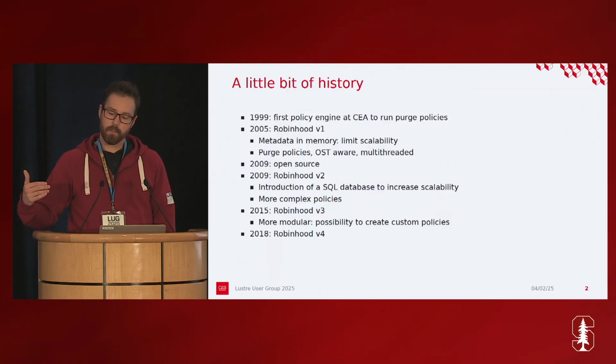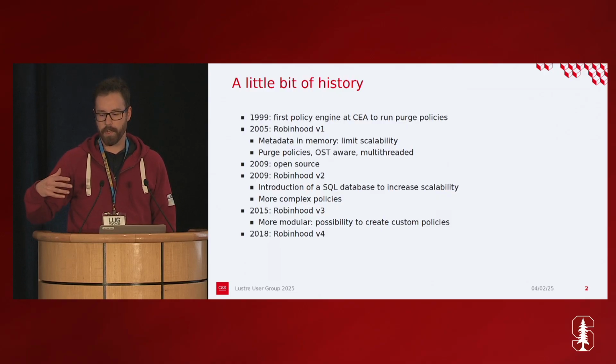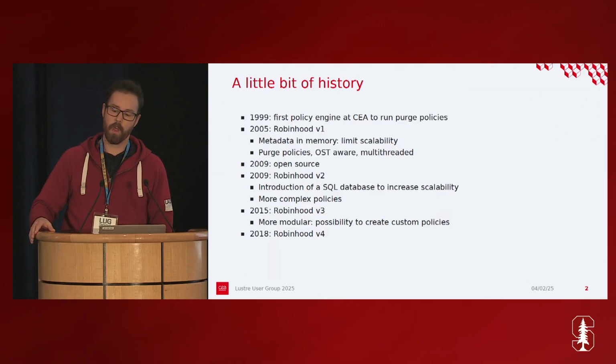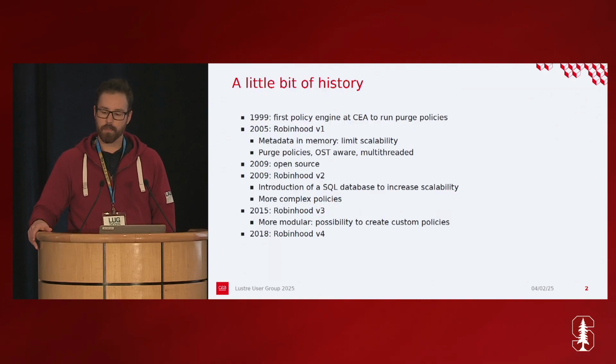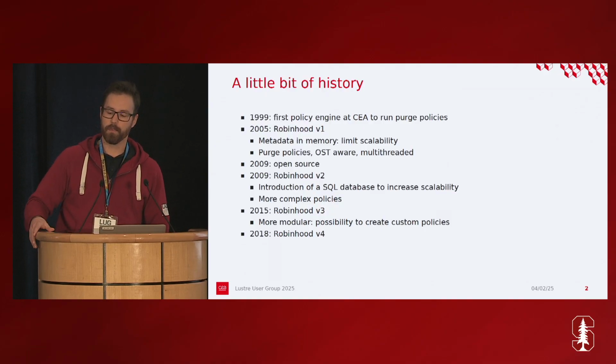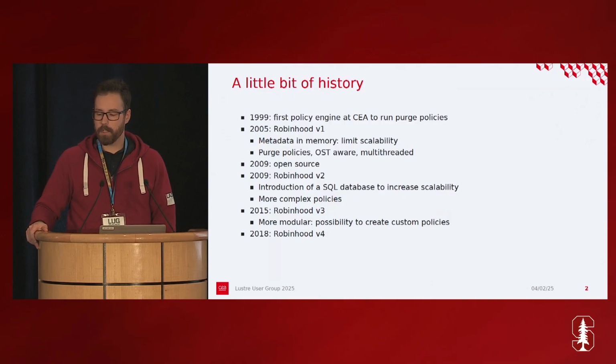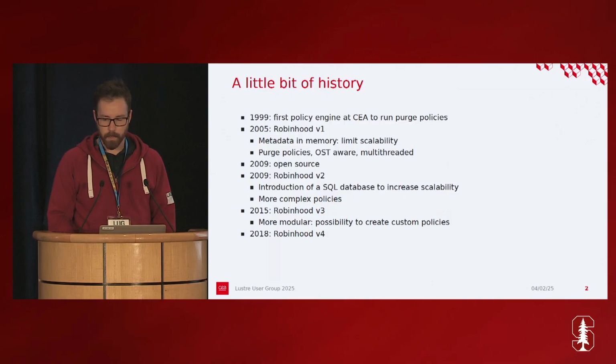So it's a very flexible version of Robinhood that lets you create custom policies, so you can either implement your own modules in C that would let you add custom behaviors to Robinhood, or you can also implement policies using basic shell scripts as well.